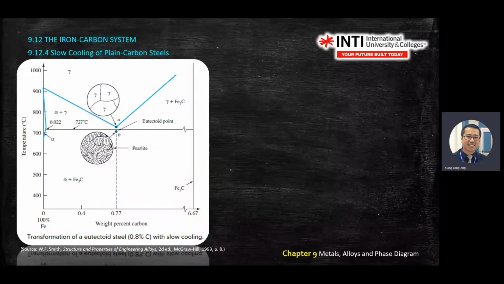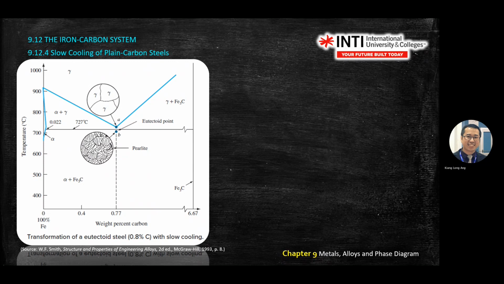Okay, today we go into slow cooling of plain carbon steel. Steel phase diagram: on the left is temperature, and on the x-axis is percentage of carbon. For the iron-carbon system, the maximum we go is 6.67% of carbon.